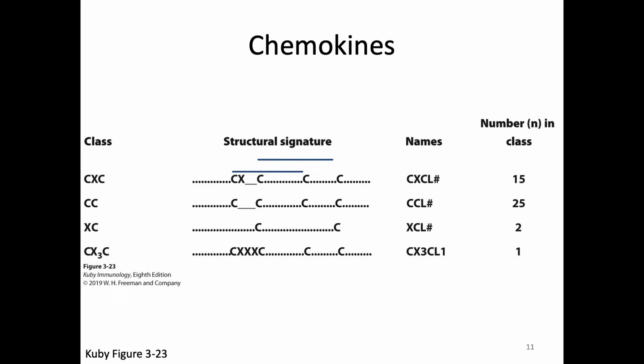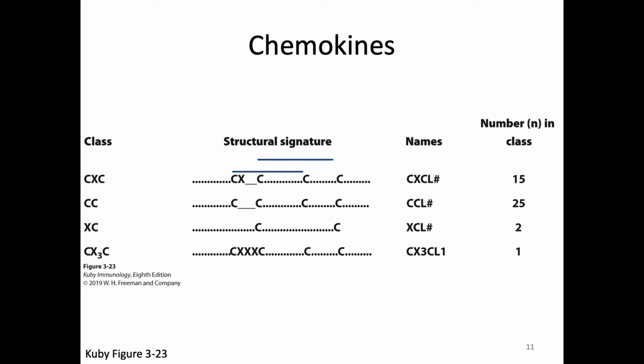Chemokines have a specific naming convention, just like other things in the immune system. The way that we name the chemokines will be based on some aspects of their specific structure, but they will be named things like CXCL, or CCL, or XCL, or CX3CL. So you can see these names listed here.